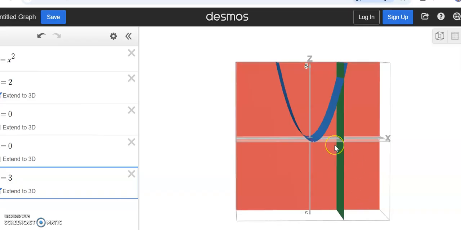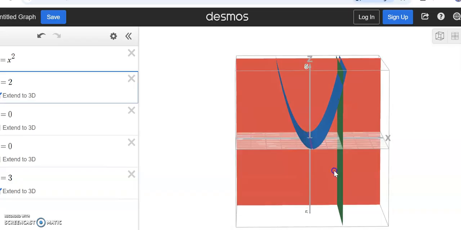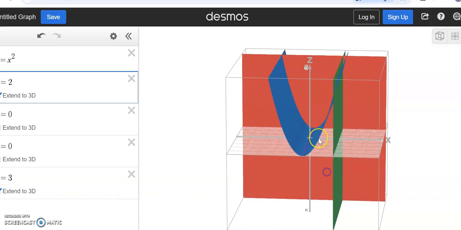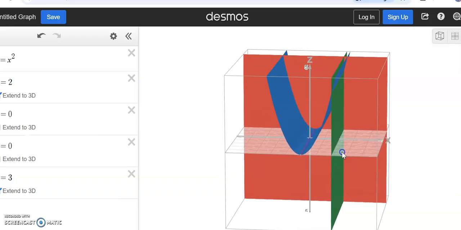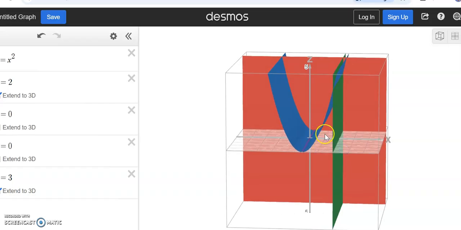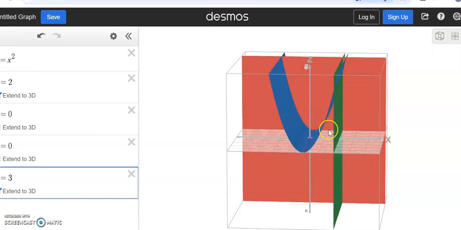So we need to find the volume enclosed by these two planes together with the planes x equal to 0, y equal to 0 and z equal to 0. So the portion will be this portion in the first octant.